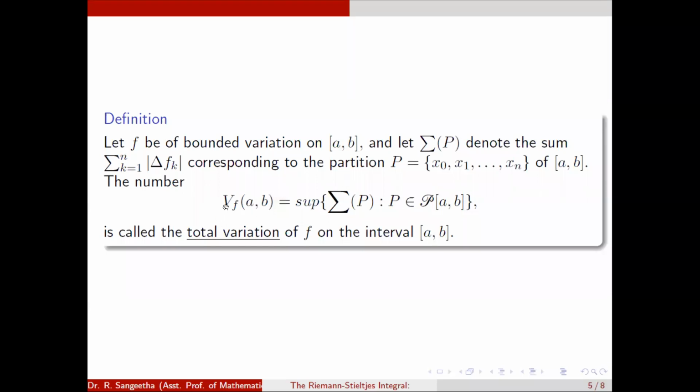This V stands for the total variation of the function f on the closed interval [a, b]. Here the bracket is just a notation to denote the total variation of f on the closed interval [a, b].